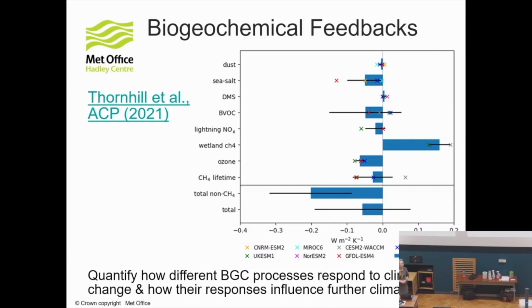So what it's saying is that as we warm up the climate, we get lots more water vapor. So we can actually increase the amount of ozone destruction that occurs in the troposphere.